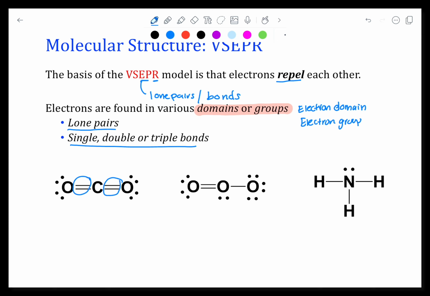Now, a double bond counts as one electron domain, as does a triple bond, because domain means an area at which there are electrons. It doesn't matter how many electrons there are. So a double bond is still considered one electron domain, as is a single bond.